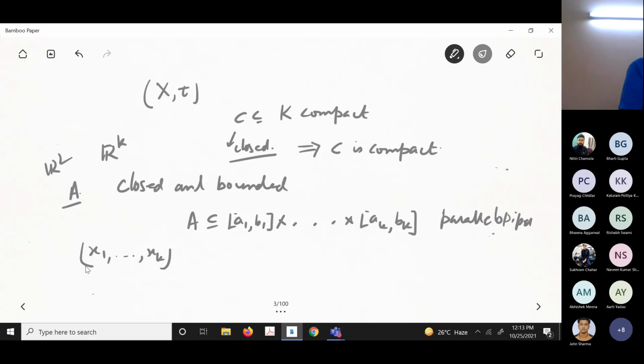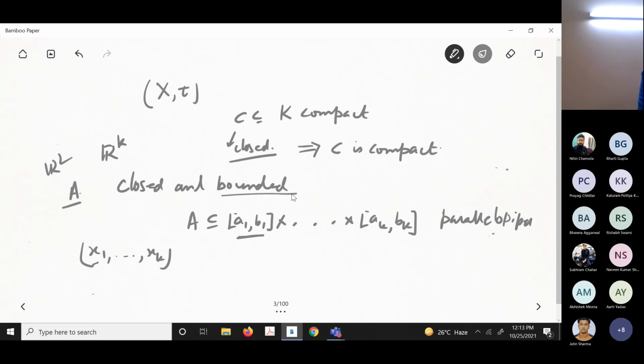When I was doing that problem, I said it will be bounded if and only if you separately talk about the coordinates being bounded. So I will get a closed interval [a1, b1] such that x1 will lie in between, similarly for xk. Forget about closed first of all.